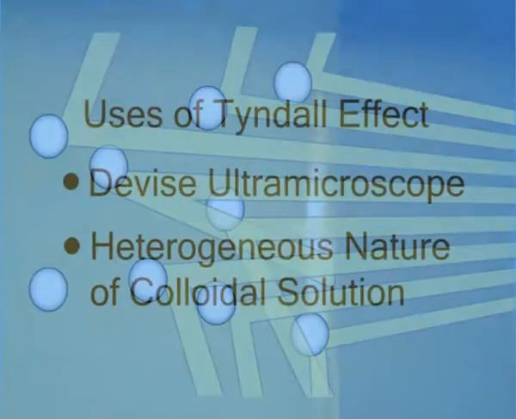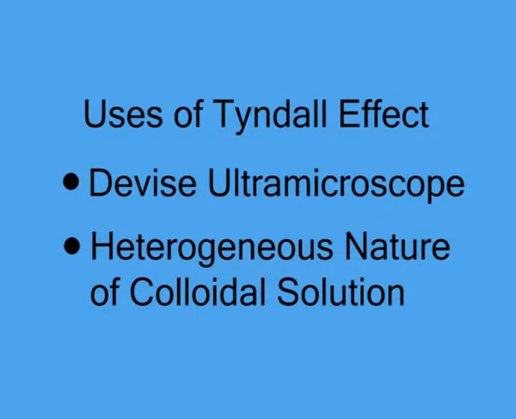The phenomenon has also been used to devise an instrument known as the ultramicroscope. The instrument is used for the detection of particles of colloidal dimensions. The Tyndall effect also establishes the fact that colloidal systems are heterogeneous in nature.